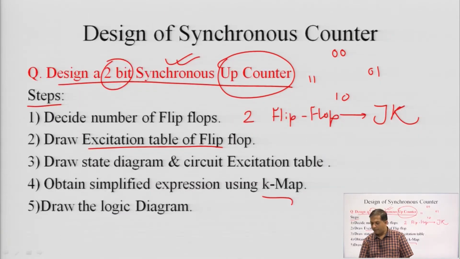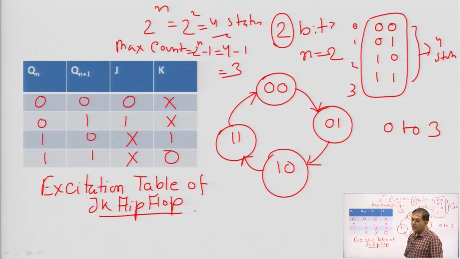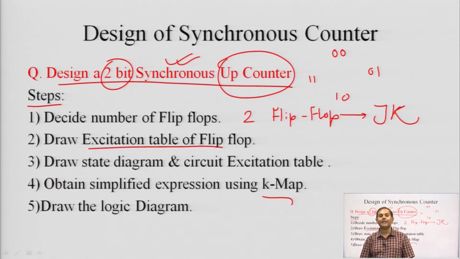Already I have told you that 2 flip flops are needed, and then we write the excitation table of the JK flip flop, then the state diagram. The state diagram is already done. Now, from the state diagram we have to write the circuit excitation table, this is very very important.